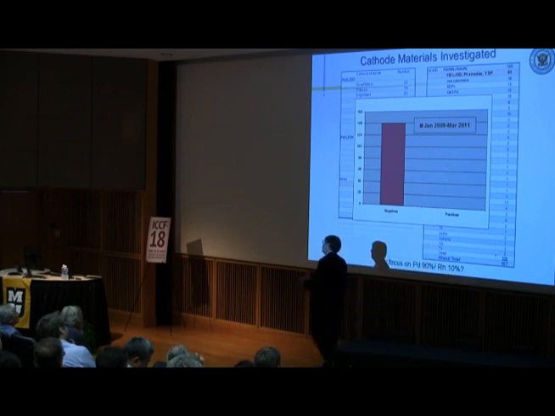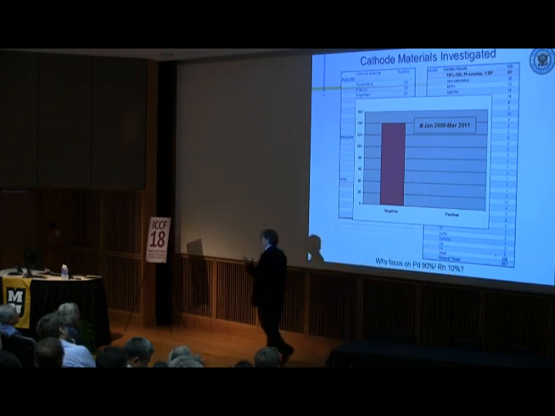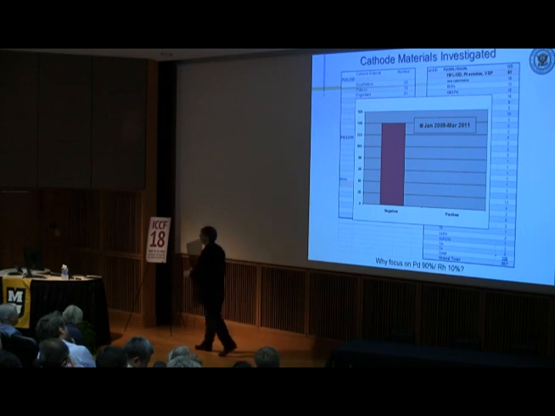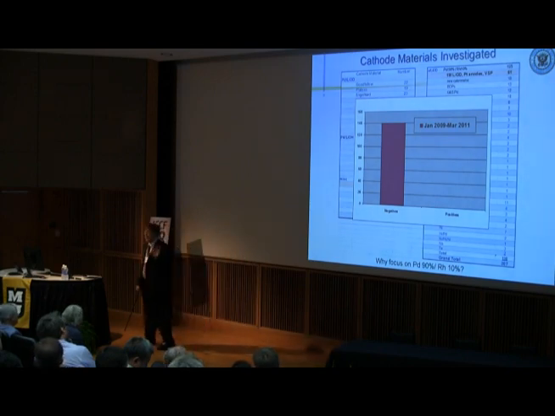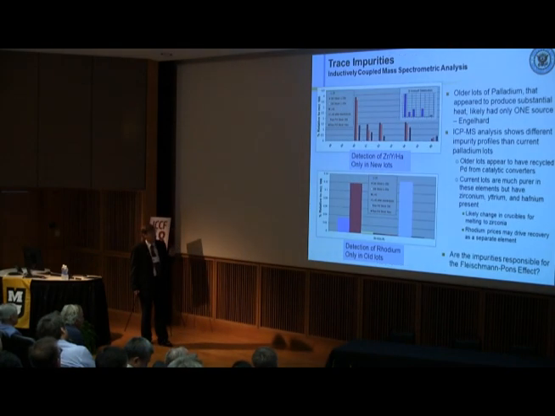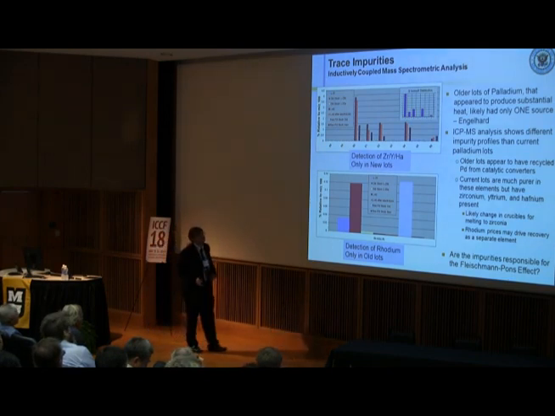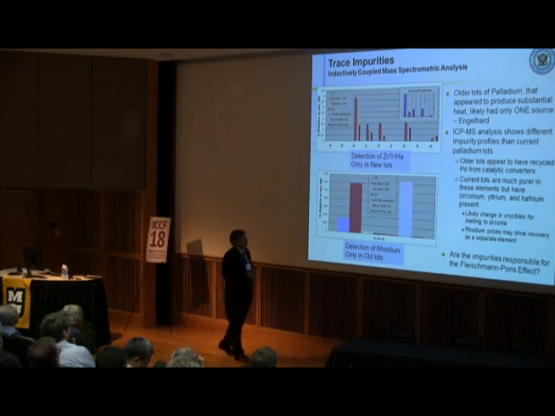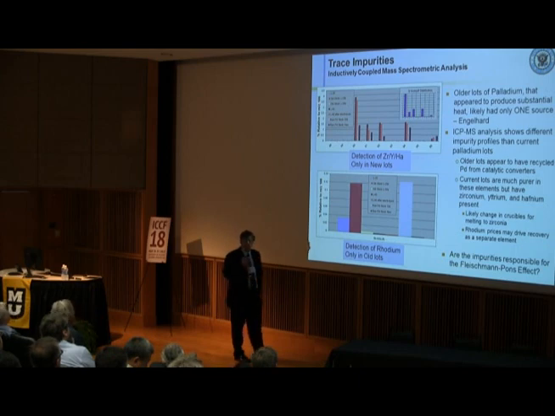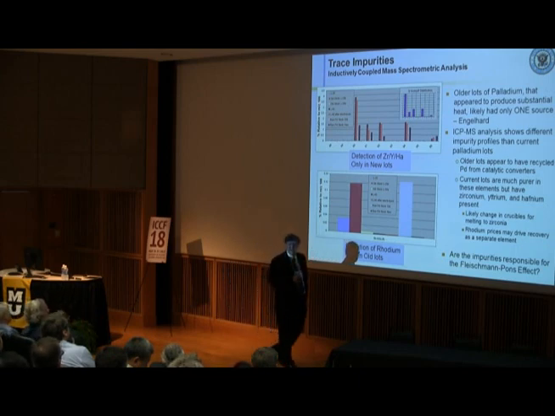We said, what could be going wrong here? All we're doing is running cell after cell after cell and getting nothing. So we asked ourselves, is there a difference in how palladium is made nowadays versus how it was made back when Fleischmann and Pons first did their experiments? And the answer is yes. If you look at the impurities, you're going to find the older lots of palladium had lots of rhodium and platinum in them, and the newer lots didn't.